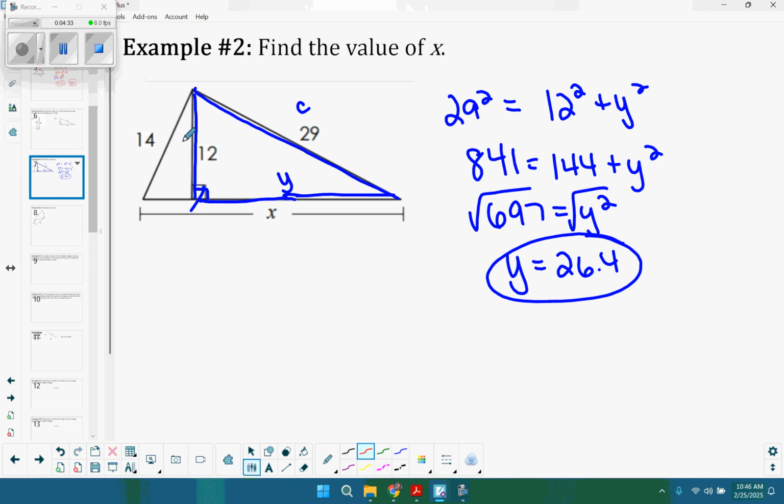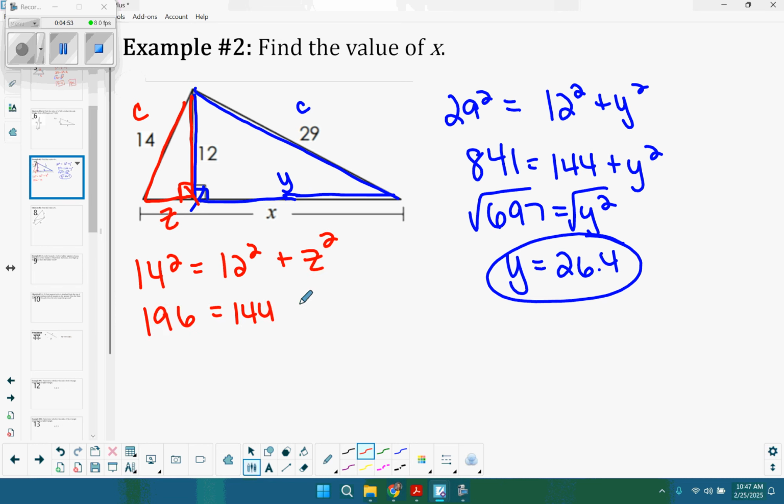I have a totally different right triangle on the other side. Let's say this side is Z. Here was my right angle. Across from the right angle is my C. So 14 is C. So 14 squared equals 12 squared plus Z squared. We're going to get 196 equals 144 plus Z squared. Take away that 144. We have 52 equals Z squared.